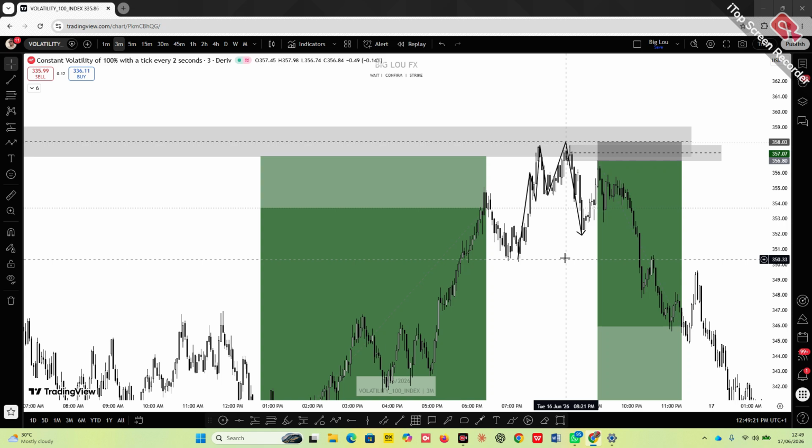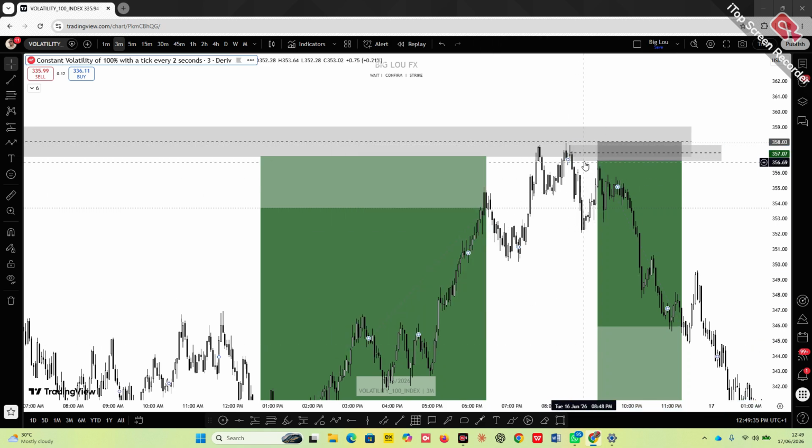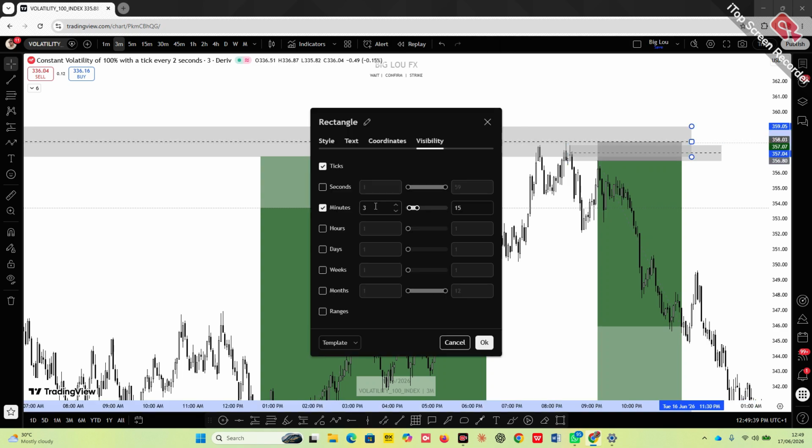Now you're going to mark the supply level from this leg, which is this zone here. So this is the supply zone on 3 minutes. Let me take this one off and put it just on 15 minutes, only on 15 minutes.